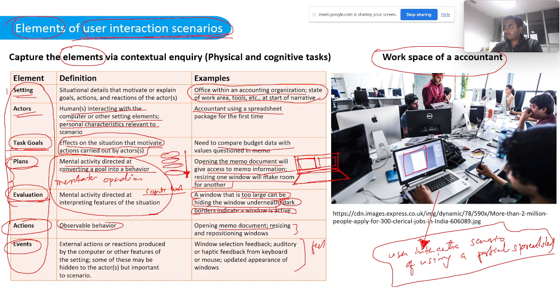And for others, like setting, we can use simply photography and other ways like interviews or questioning to gather information.